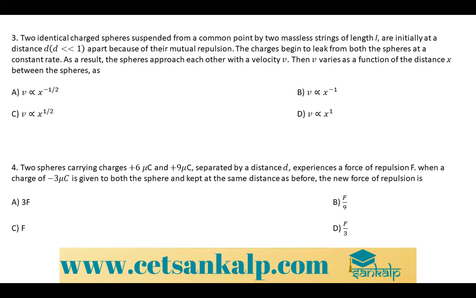Massless strings of length L are initially at a distance d apart. They have given the condition that d is much smaller than L. Because of their mutual repulsion, the charges begin to leak from both the spheres at a constant rate.